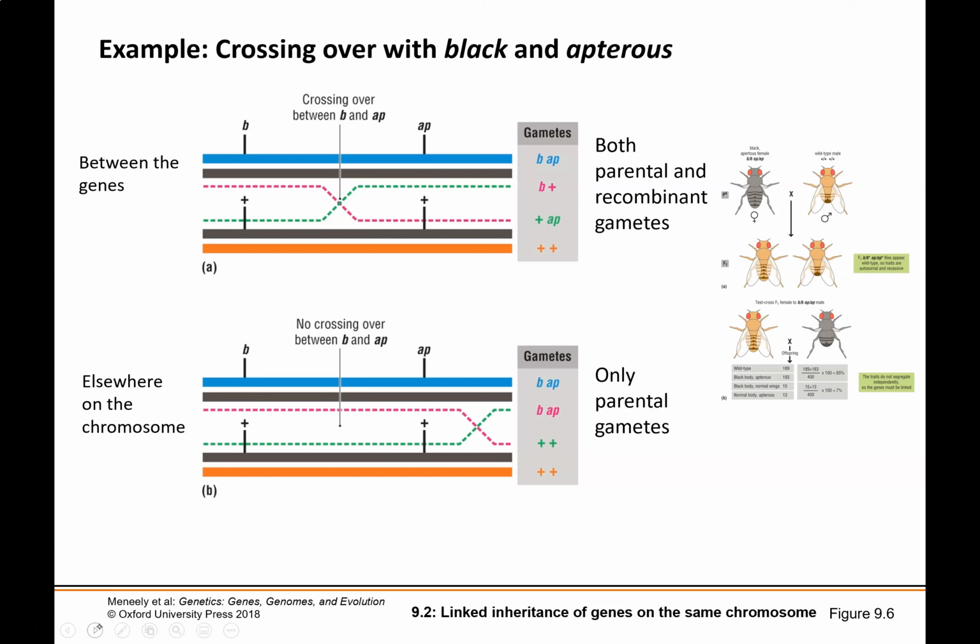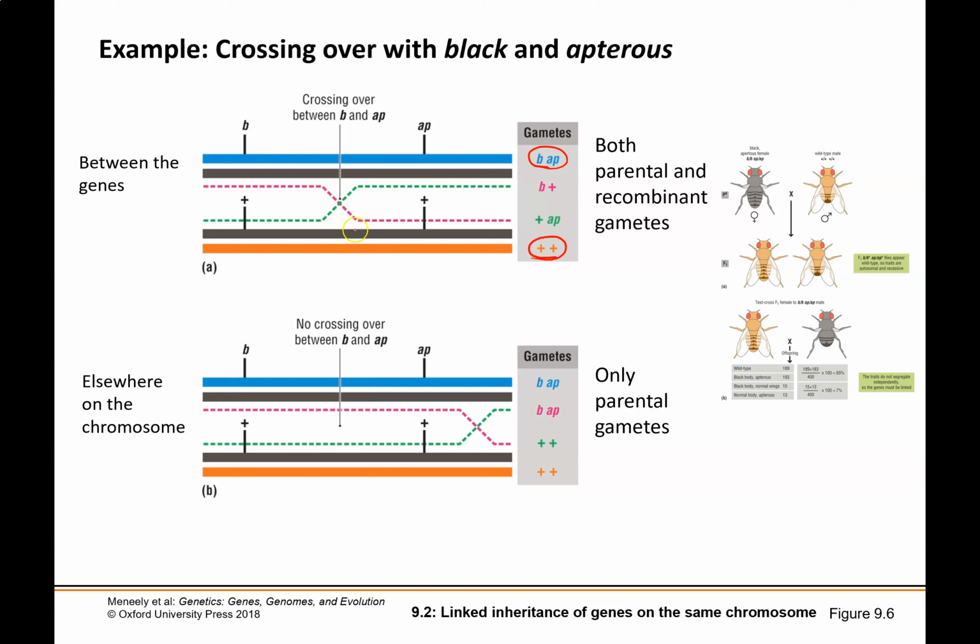So this diagram here shows the black and apterous crossing over. We'll look at the chromosomes first. These blue and orange are the parental chromosomes. The parental are going to produce the parental gametes. So no crossover occurs. We have the black and apterous together. On the outside chromosome, no recombination occurs. So we get the wild type.